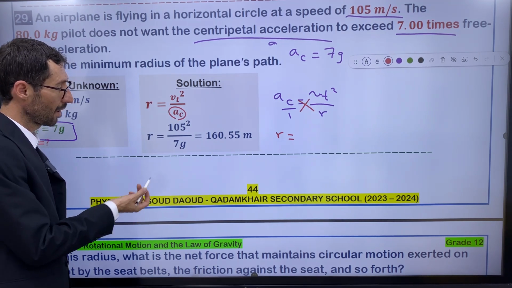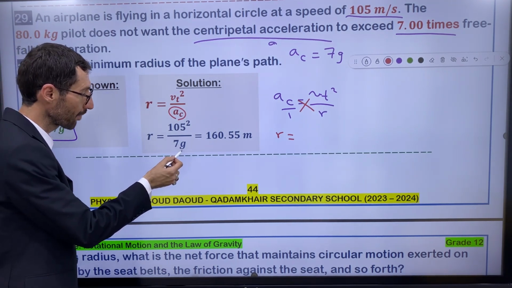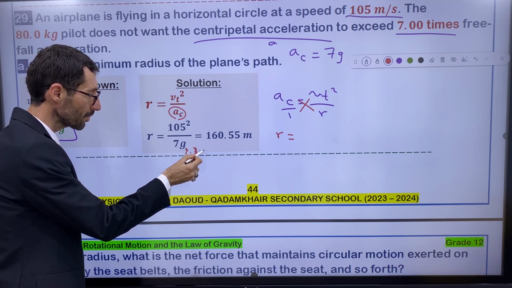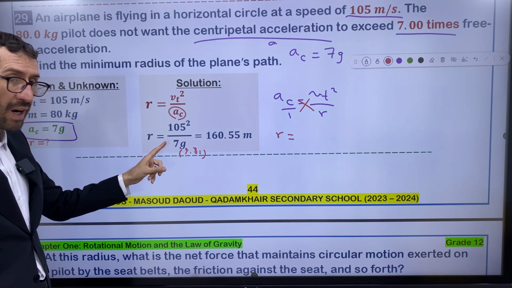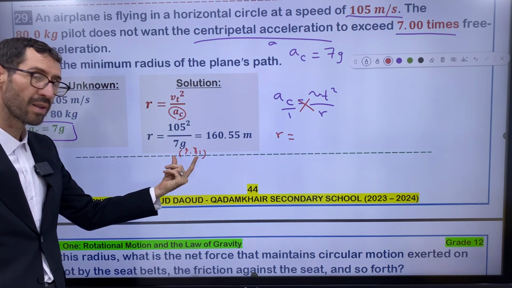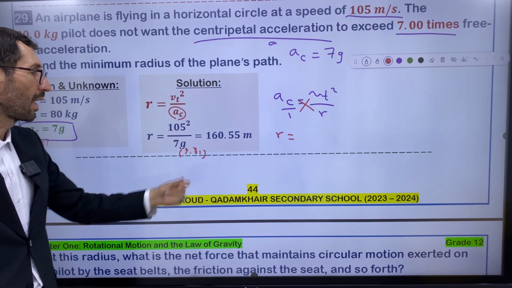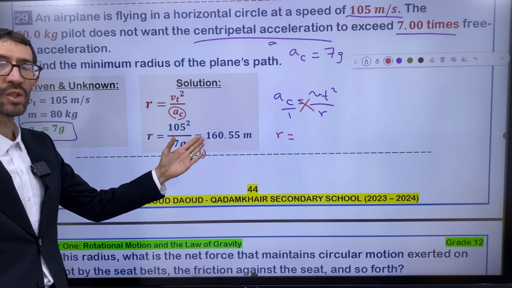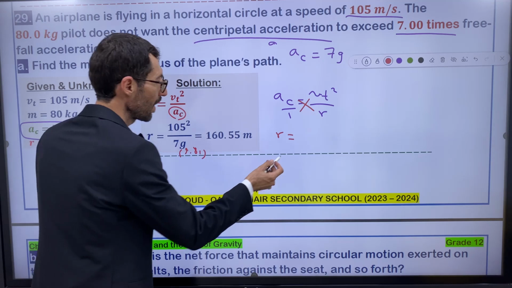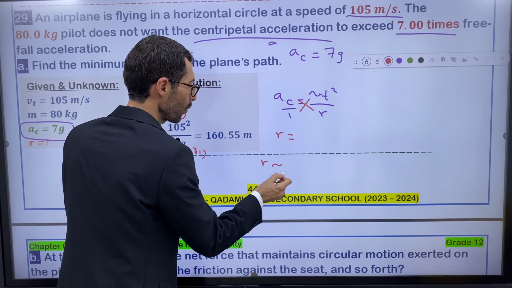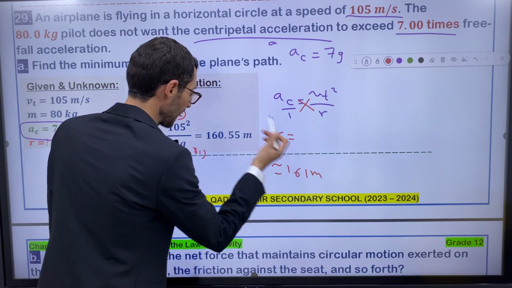And G is equal to 9.81, right? 105 squared divided by 7 multiplied by 9.81. This is the answer, 160.55 meters, or you can say R is approximately equal to 161 meters.